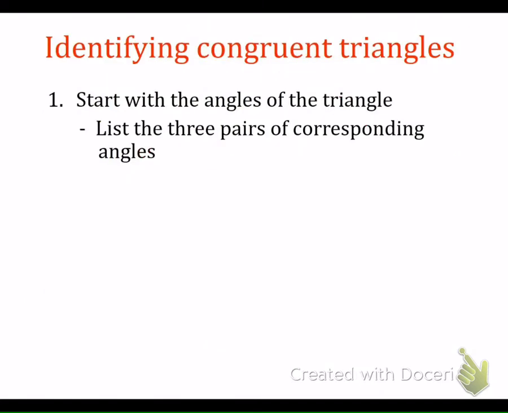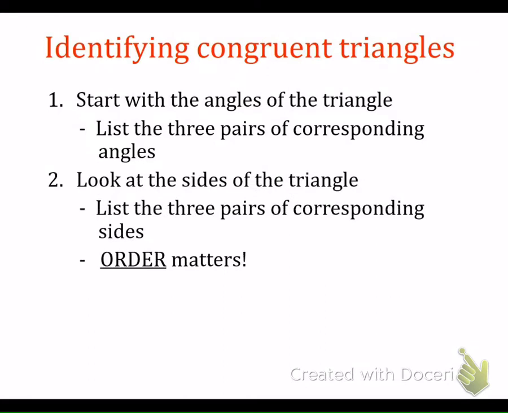So identifying corresponding triangles. Step 1. Start with the angles of the triangles. We're going to list the 3 pairs of corresponding angles. Next, we're going to look at the sides of the triangle. We're going to list 3 pairs of corresponding sides. Order matters here.